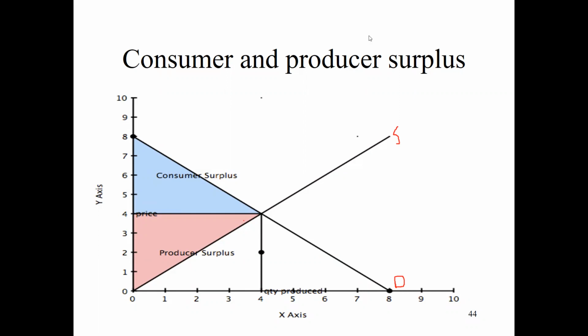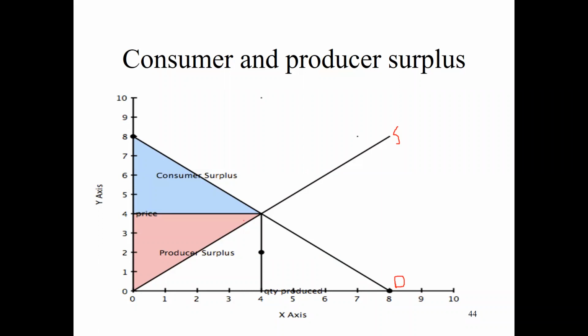Now, producer surplus is below the price and above supply. And let's look at them. This producer was willing to sell for 1, they sold for 4. Willing to sell for 2, sold for 4. Willing to sell for 3, sold for 4. Willing to sell for 4 and sold for 4. All those are producer surplus. So graphically, consumer surplus is everything above the price, below demand.